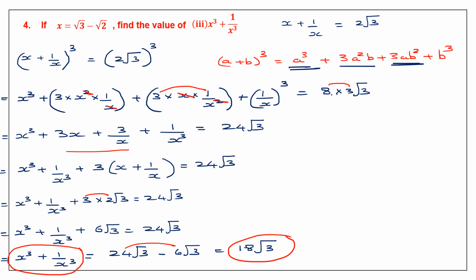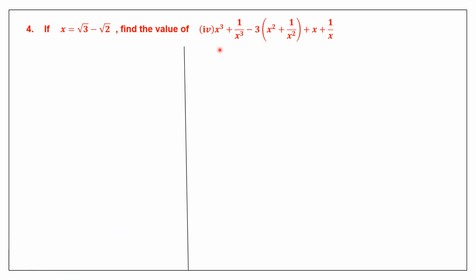The fourth part of the question is x cube plus 1 by x cube minus 3 into x square plus 1 by x square plus x plus 1 by x. Now we have the values of this, this and this. All we have to do is just substitute. So let's write down the values. In the first part we found the value of x plus 1 by x, and that was 2 root 3.